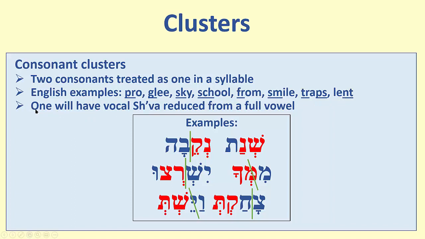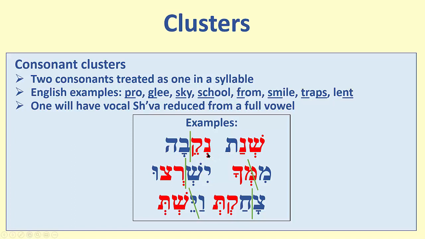One other thing about consonant clusters is that one of them invariably has to have a vocal schwa underneath it, a vocal schwa that's reduced from a full vowel. Let's look at some examples. In the top right here, we have the word shnat. The sheen has a vocal schwa, but it and the noon work together as a cluster, which start the syllable here. This word is only one syllable.